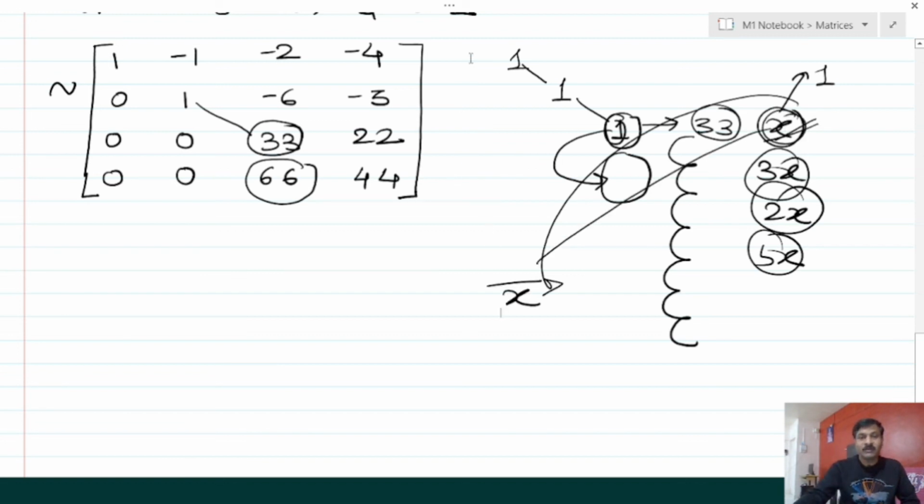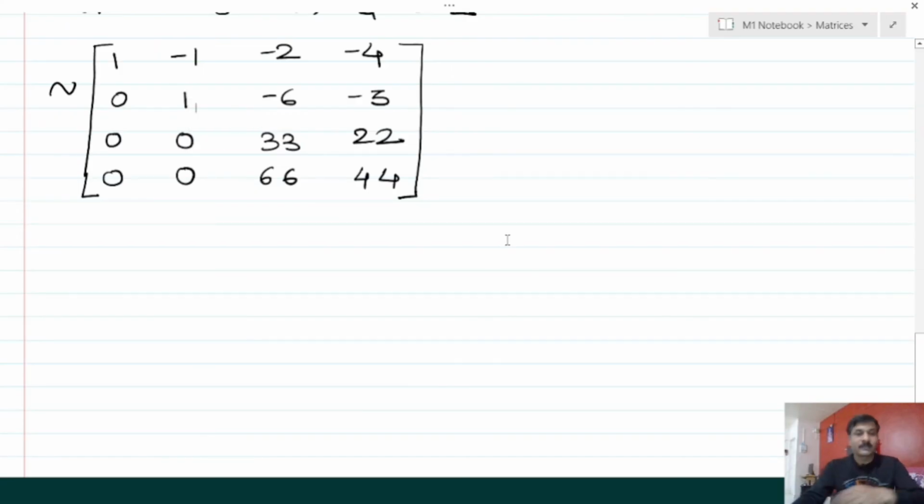So how? See here. So here 33, I want definitely here 1, and after that below that 1 zeros. But you can see 33 and 66, they are multiples, and that is why without obtaining 1 I can obtain their 0.